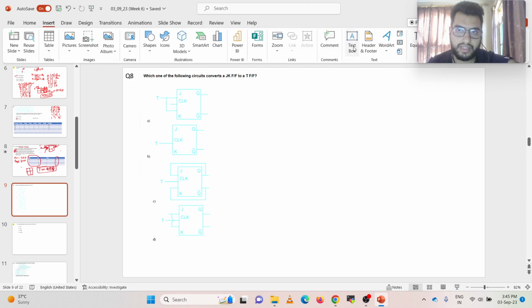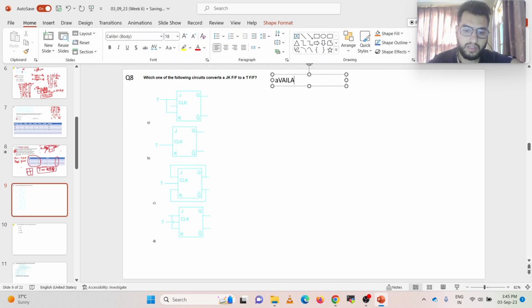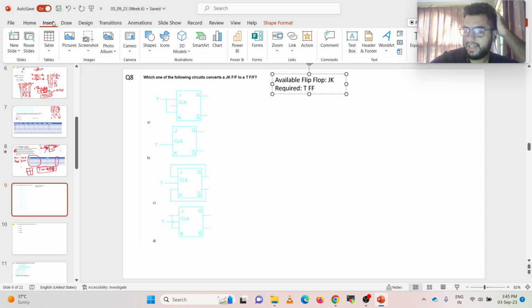So before doing anything, let's just write point number 1, that is available flip-flop, which is JK, and required is your T flip-flop, right? Now the second step is to write down the characteristic table of the required flip-flop.